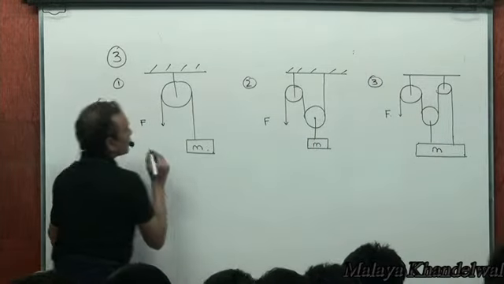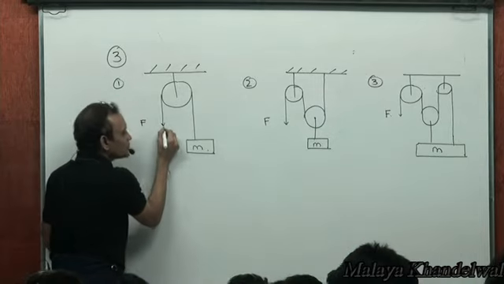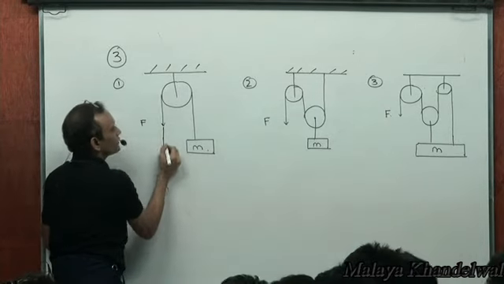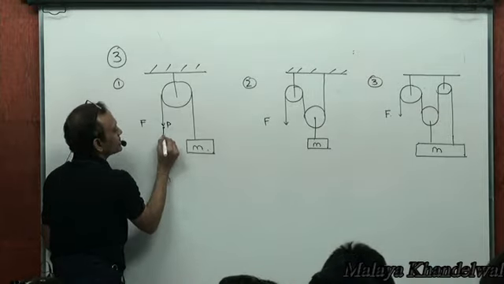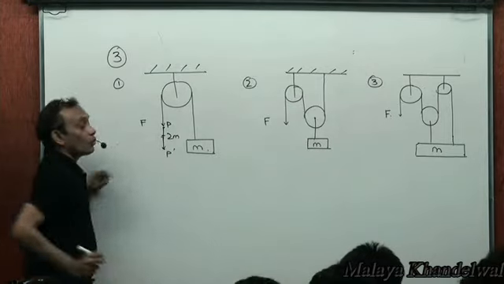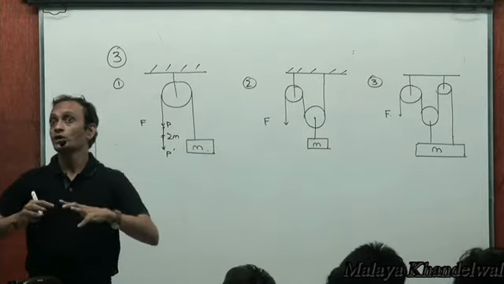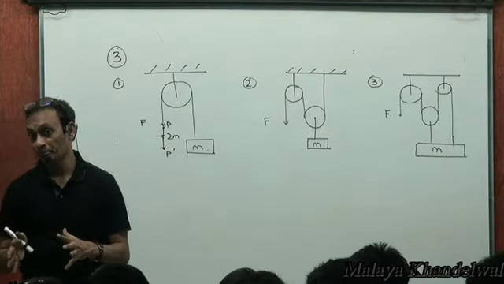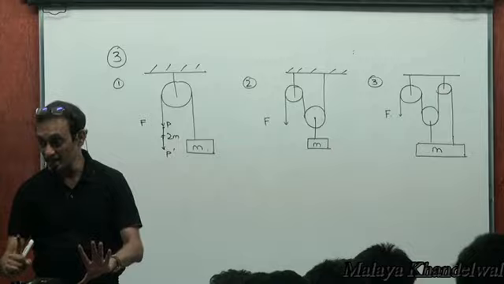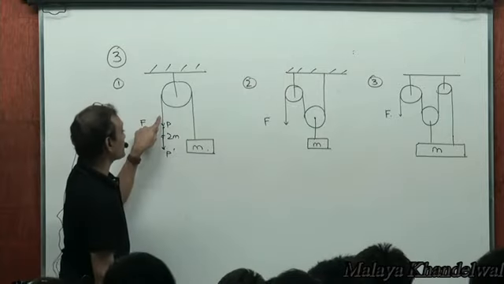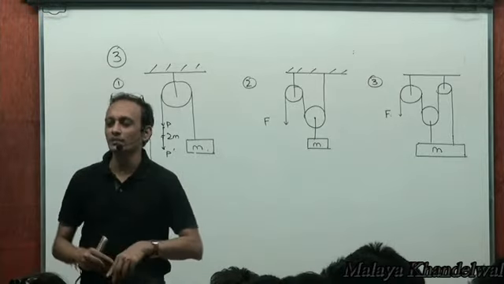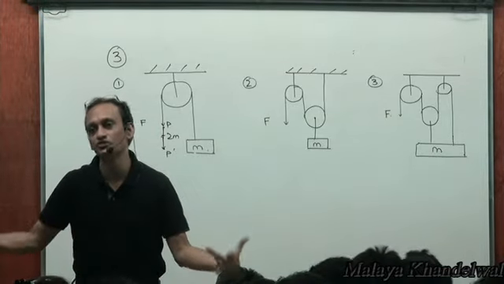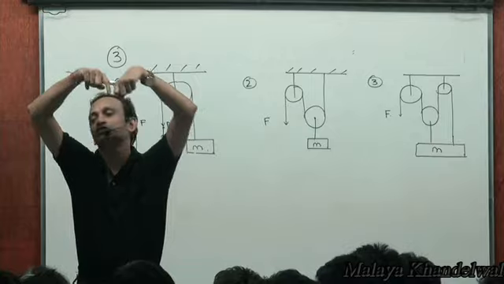See, in this case, when this is pulled down by 2 meters, when this point P comes to this point P prime by 2 meters, we'll apply the work energy theorem to a system that comprises the string plus the mass, so that I don't have to deal with the tension in the string.